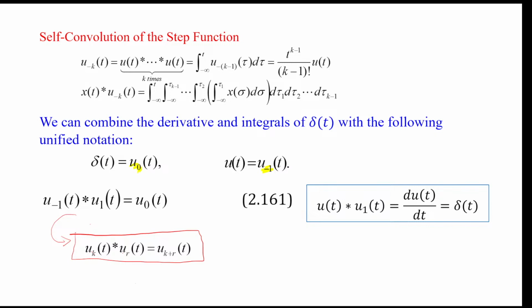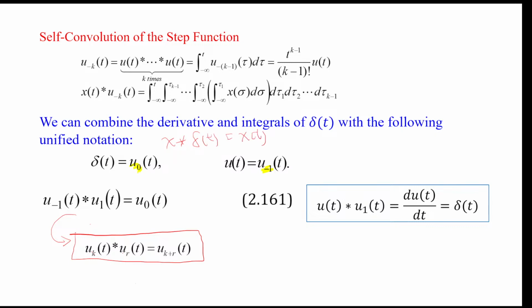I think this is a bit counterintuitive, but this is how it makes sense, because u of t is the unit impulse response to integration. So delta of t equals u0 of t, because x of t convolved with delta of t equals x of t, right?